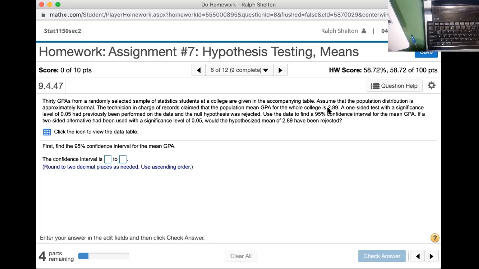So we'll set up a one-sided test and see what kind of values make it fail. Okay, and we'll just arbitrarily test the alternative hypothesis that the population mean is greater than 2.89. So we'll make that our alternative hypothesis.